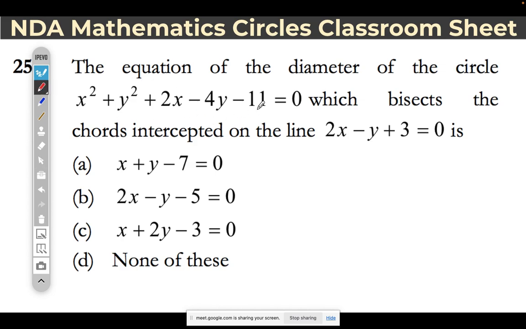The diameter of the circle must pass from where? Center, sir. What is a centre? Is it passing? No. Is it passing?